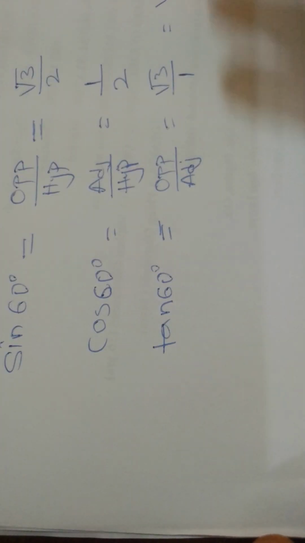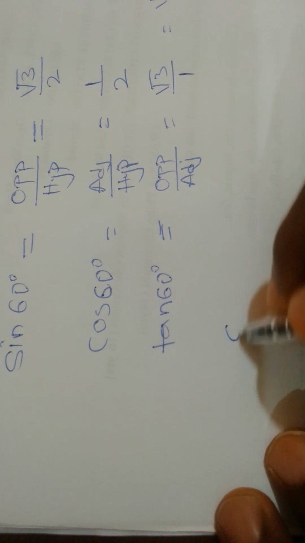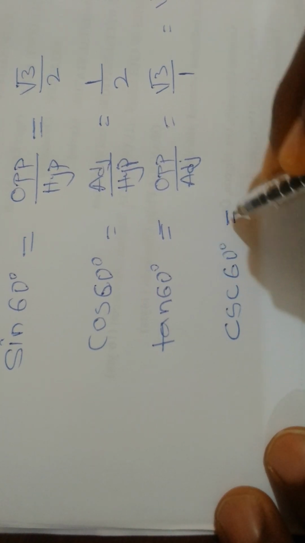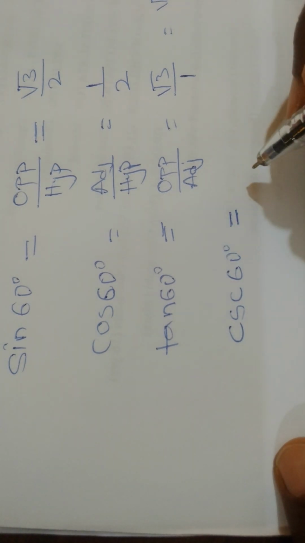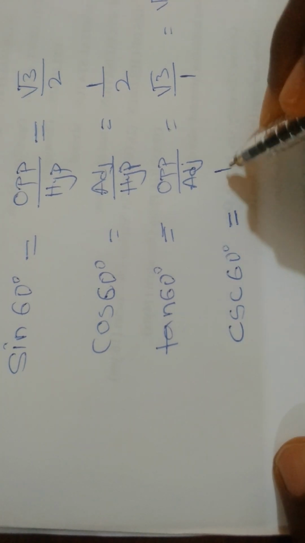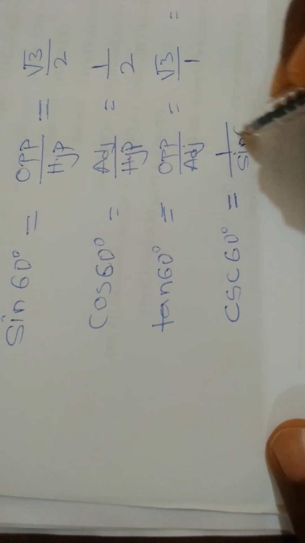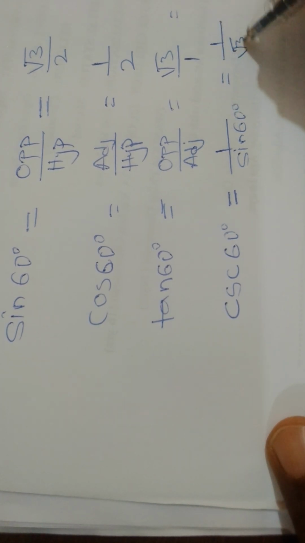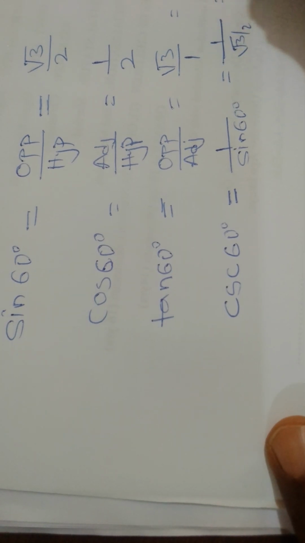So let's obtain their reciprocals. For cosecant 60 degree, written as CSC, cosecant 60 degree is the reciprocal of sine 60 degree. So that's going to be 1 over root 3 over 2, because we have obtained our sine 60 to be root 3 over 2, which is 2 over root 3.